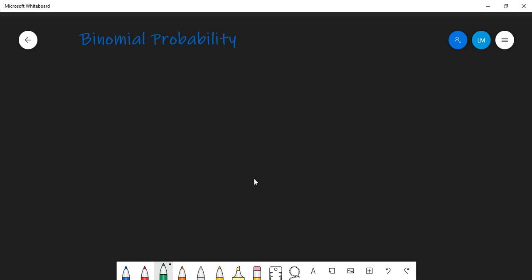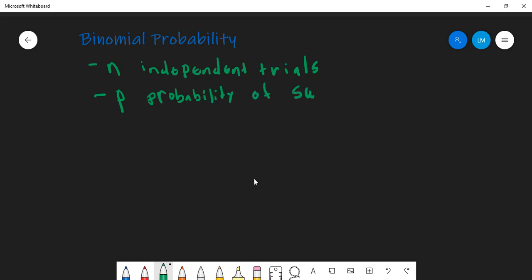Now, a binomial probability has different characteristics, of which happen to be that you would have that there are n independent trials, and then you would have that there's a probability of success, and then you'd have that there's a number of successes.